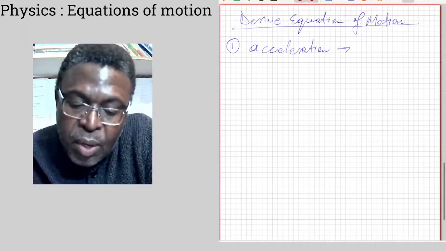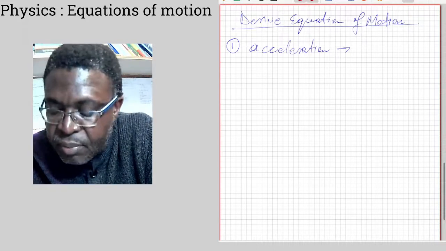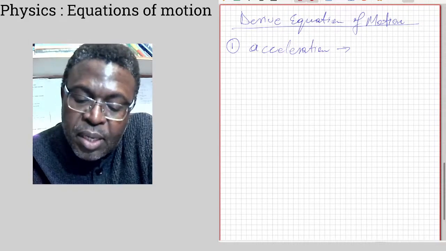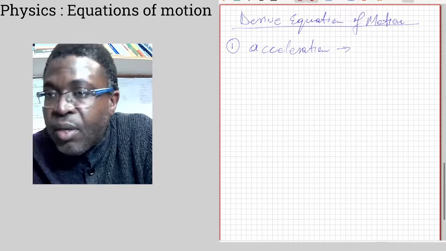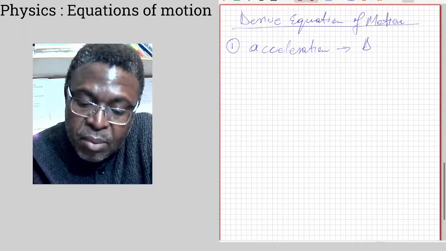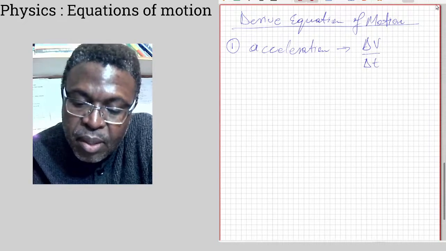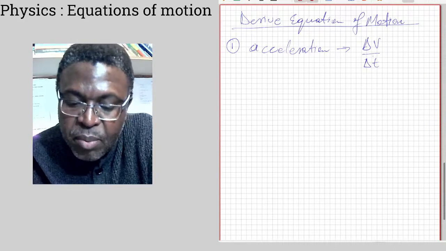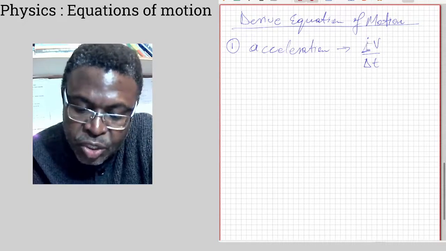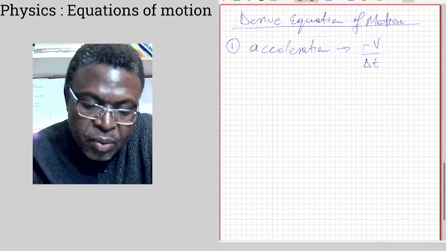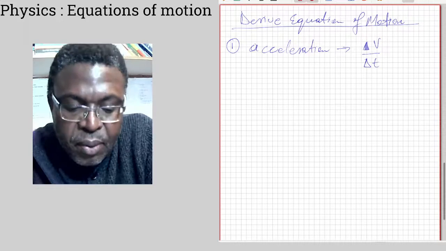So now, how do we actually express acceleration? Simple. We just imagine it as the change in velocity over change in time. So I'm just going to do this notation, of which you are now familiar with. It's important to be familiar with notation. This is delta. It means change. You've seen it before, right? So this is how we do it.